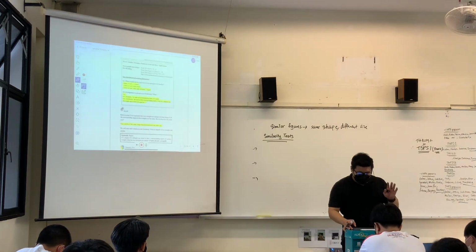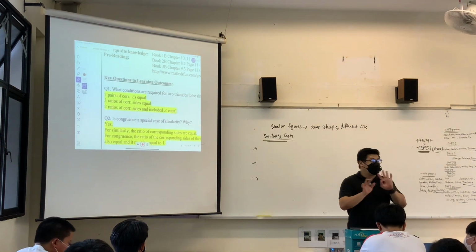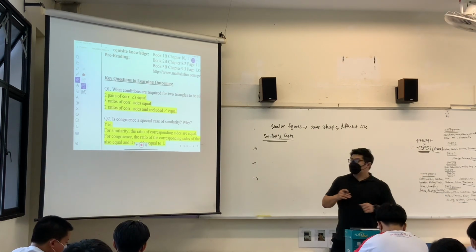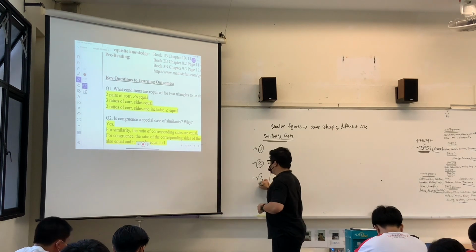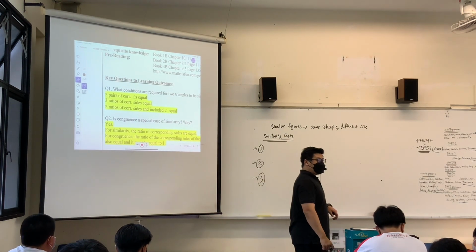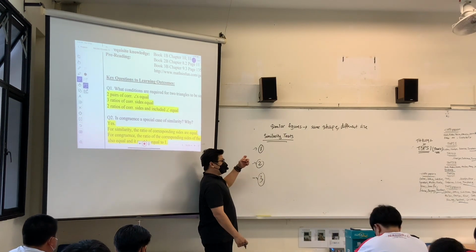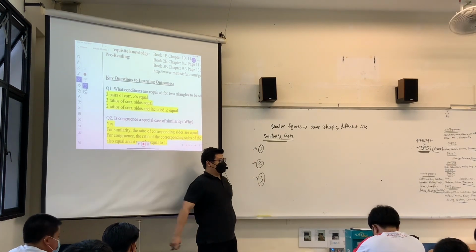We don't write down SAS or AA or SSS. So what do we write down? Can you tell me the 3 tests? First one I want to ask Kaya. Can you give me one test?